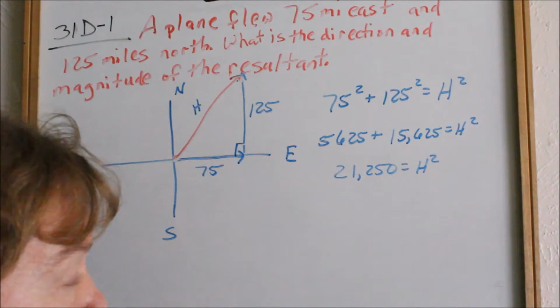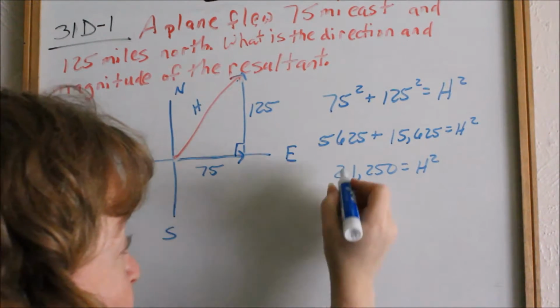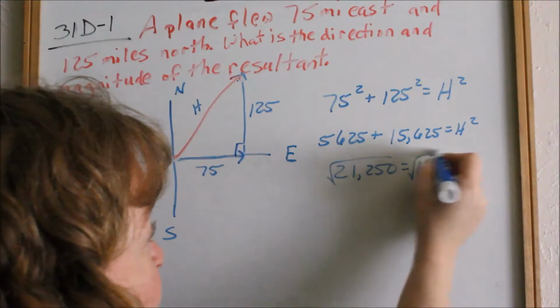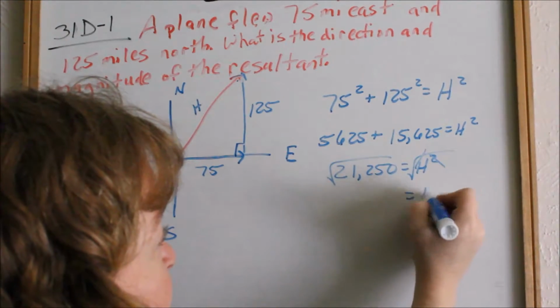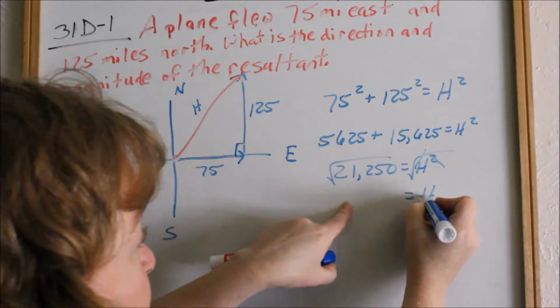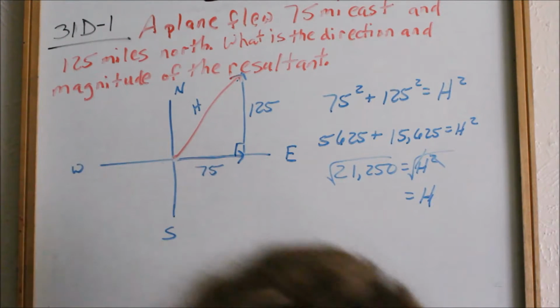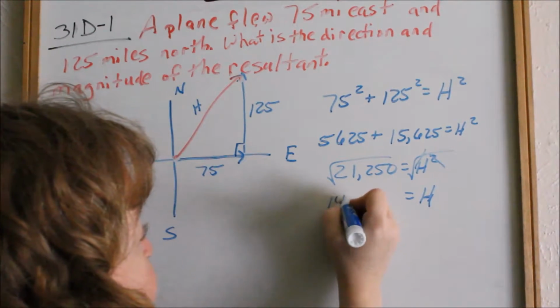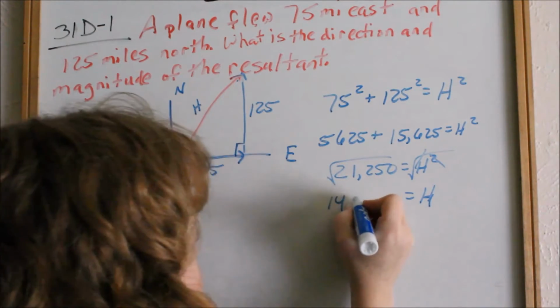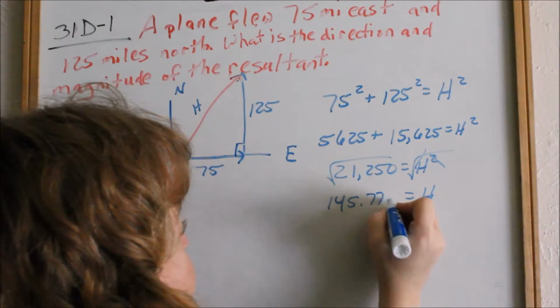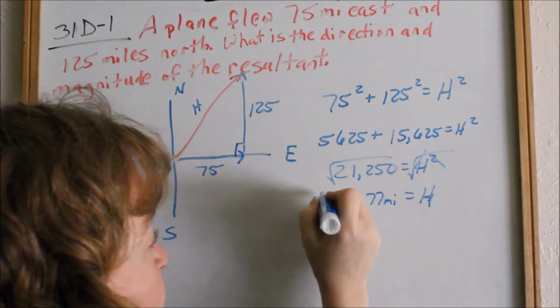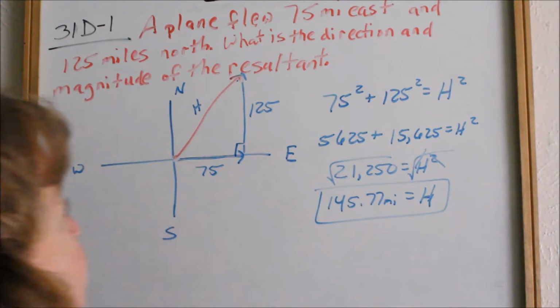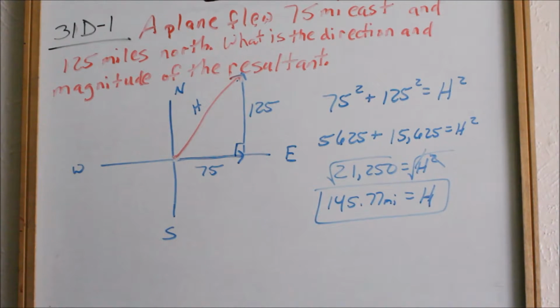I need the hypotenuse, not just h squared, so take the square root of both sides. I'm just going to take the square root of that and put it into a decimal. The square root of that is 145.77 miles. Okay, that is the magnitude of my vector.